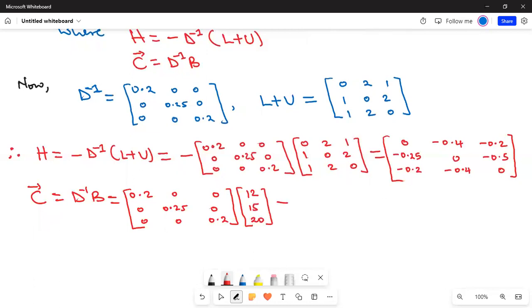Remember, you're multiplying rows times columns, and when you do that, you need to get 2.40, 3.75, and 4.00.